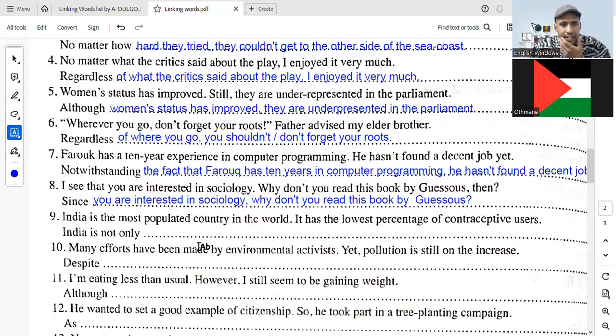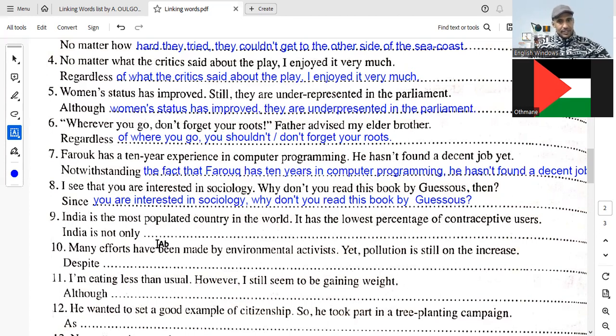India is the most populated country in the world. It has the lowest percentage of contraceptive users. So we have here India is not only, we will use the expression not only, but also.